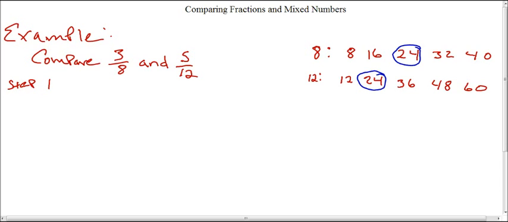So again, step 1, we need to find the least common denominator, and we just did.